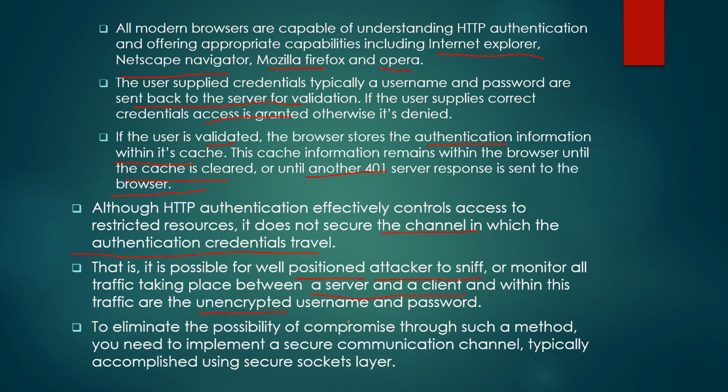Encryption basically means I'm taking the details from my user and converting them into another form. Let's say I'm entering my username as Kevin. That username first will be encrypted and then sent to the server. Encrypted means Kevin will not be sent as it is. It will be converted into some other characters. Maybe K will be converted to some other character, E will be converted to some other character, and so on.